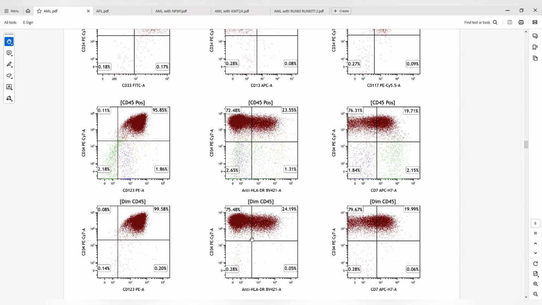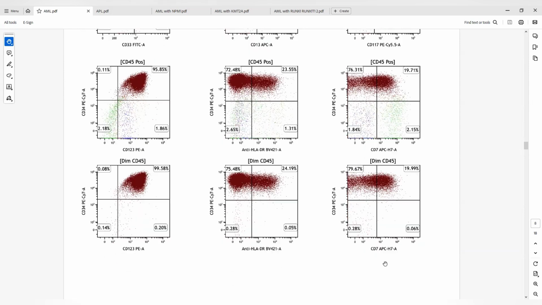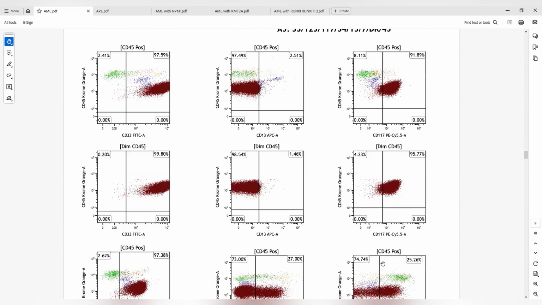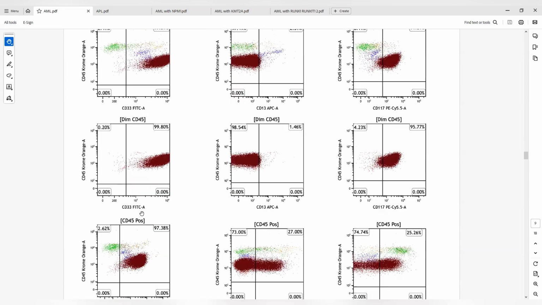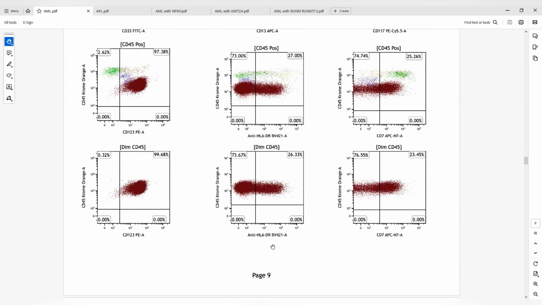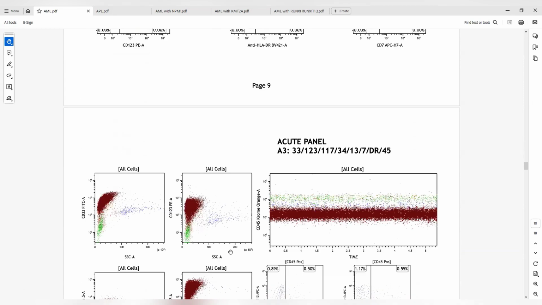It's seen in immature cells as well as additional cells like plasmacytoid dendritic cells. Here, HLA-DR, I'd call it dim, and CD7 is dim. Here again, CD13 is negative, CD33 we said is bright, CD117 is positive, HLA-DR is dim, CD7 is dim, and CD123 is positive in over 99% of the blasts.